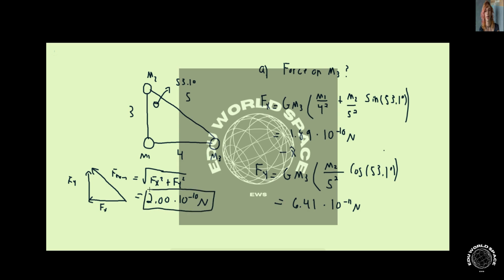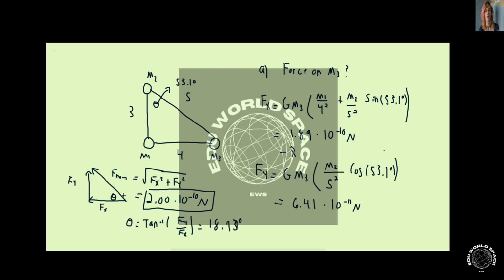We also want to give the direction. So we could find this angle here on the force. And that would just be inverse tangent of Fy over Fx. And when we do that, we should get 18.73 degrees.